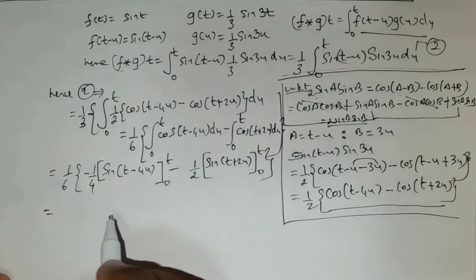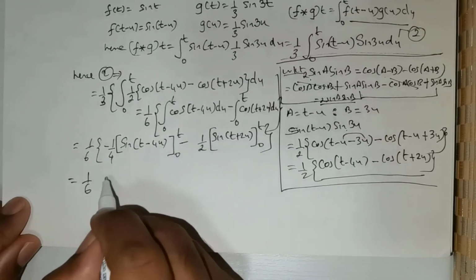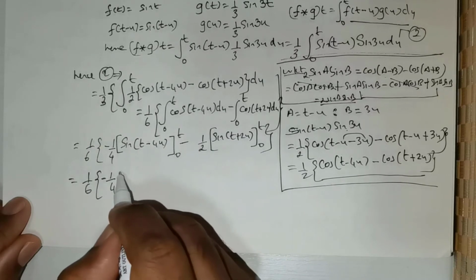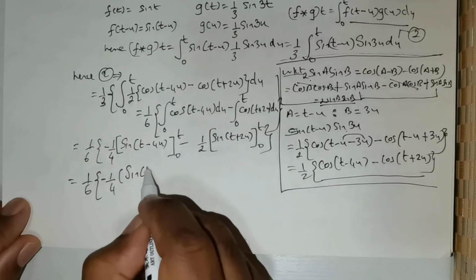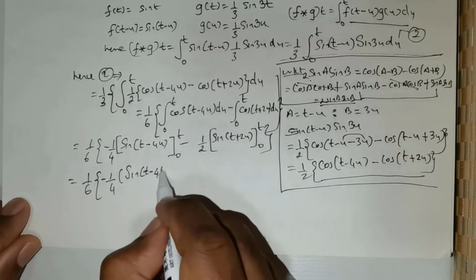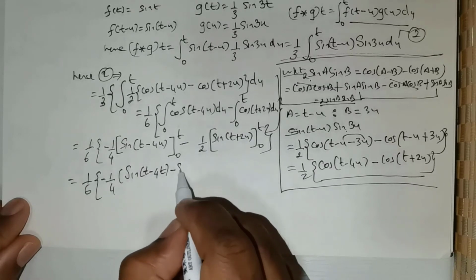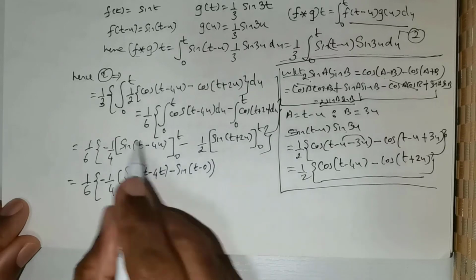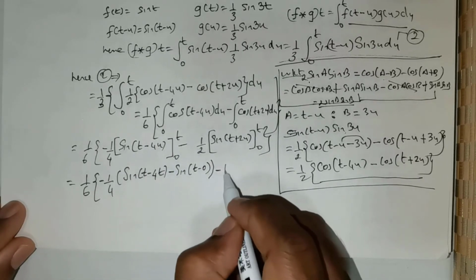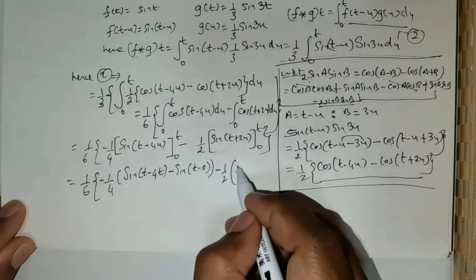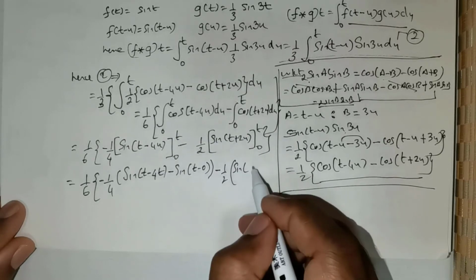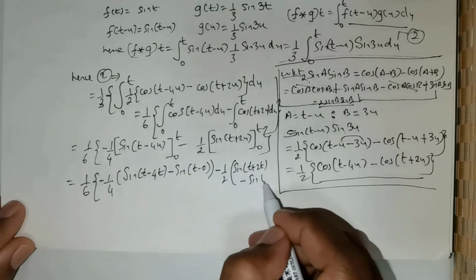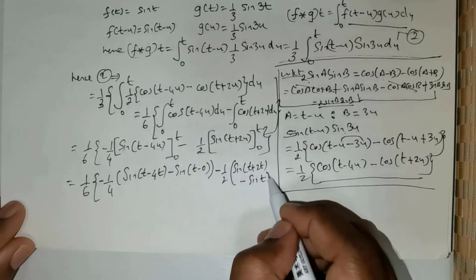Now I want to place 1 over 6 as it is. So I'm substituting the upper limit. So it's negative 1 over 4 times sine of t minus 4 times t, minus sine of t minus 0. This is for this quantity, followed by negative 1 over 2. Substitute the upper limit, sine of t plus 2t, minus sine of t, because u is 0.